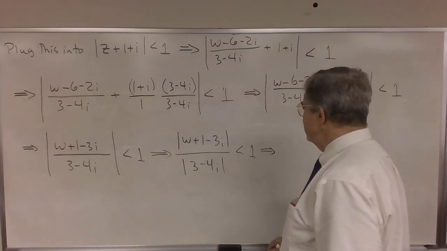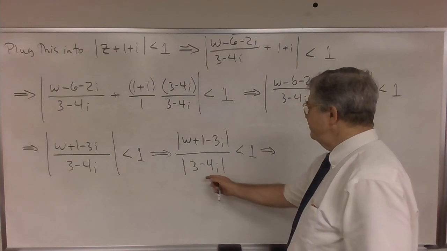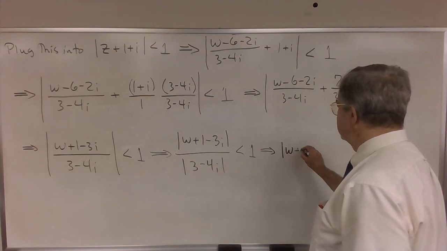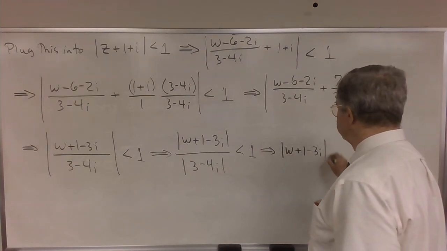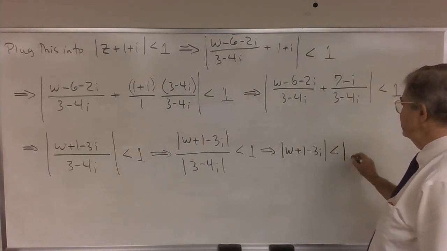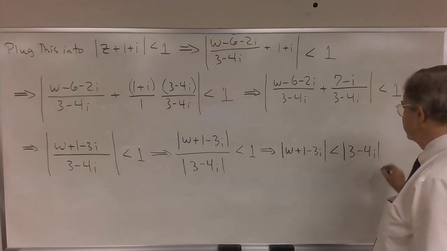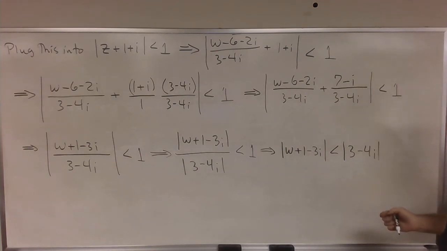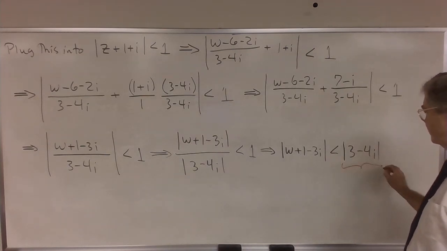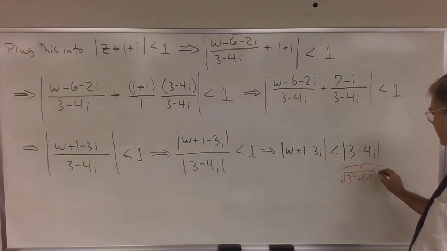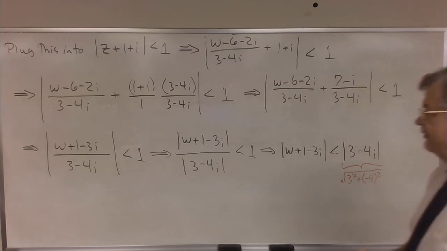Okay, I can multiply both sides by the modulus of 3 minus 4i, and I'm going to get modulus of w plus 1 minus 3i is less than modulus of 3 minus 4i, and this is just a number. The modulus of this is the square root of 3 squared plus negative 4 squared, which is 5.